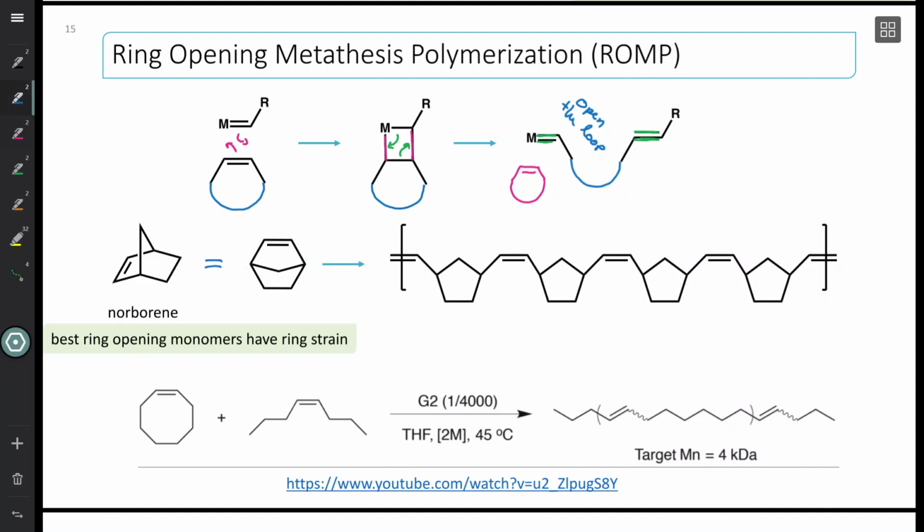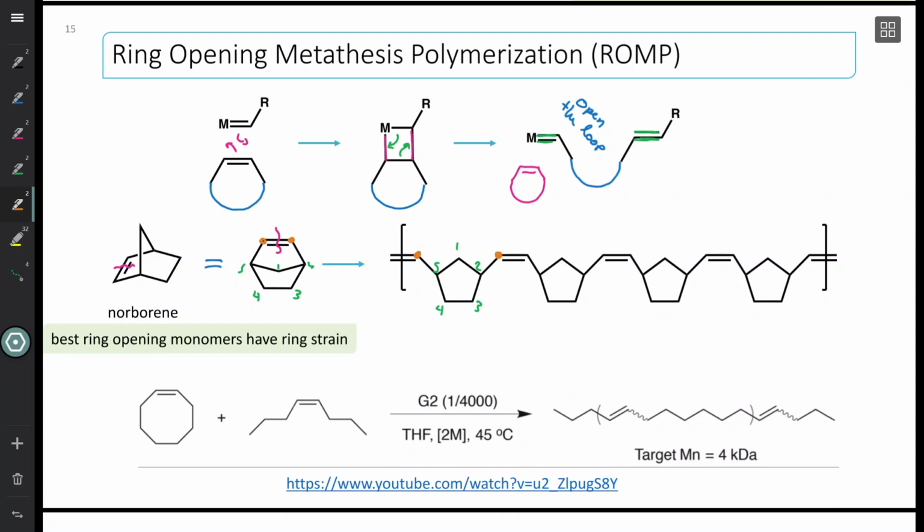So as this double bond breaks, you still have this five-membered ring, so 1, 2, 3, 4, 5. This is 1, 2, 3, 4, 5, and then these bonds are here.